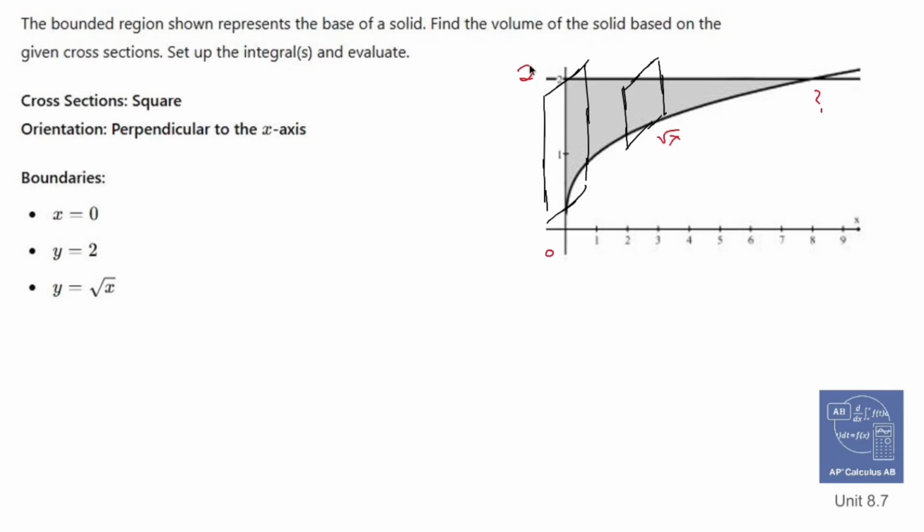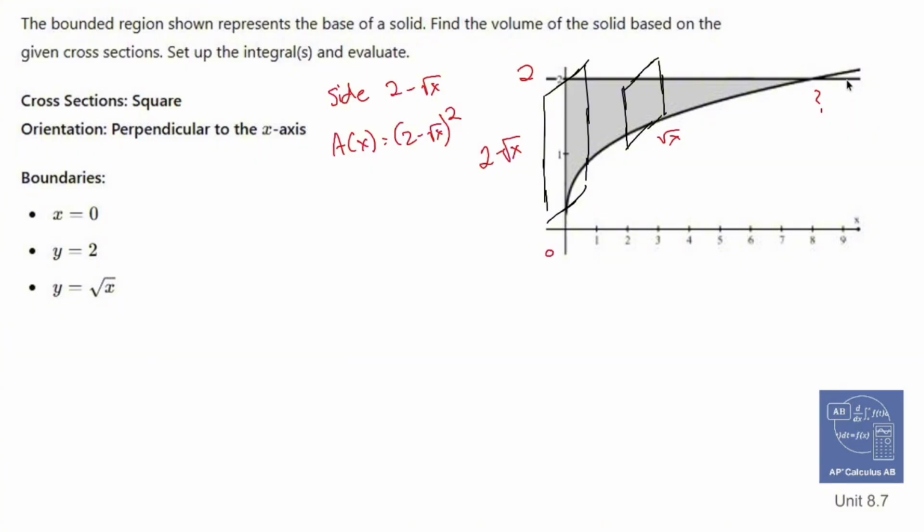Well, if this top equation is 2 and the bottom equation is root x, then each side length is going to be 2 minus root x. And to find the area of a square, we square the sides. So the area, A of x we'll call it, is going to be 2 minus root x squared.